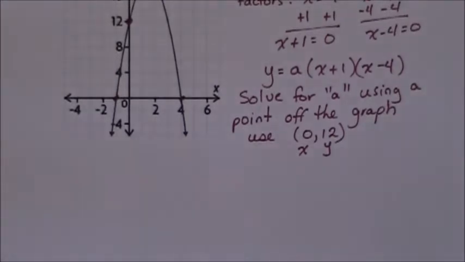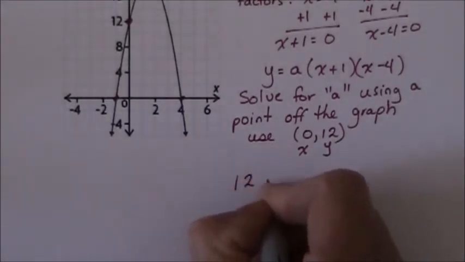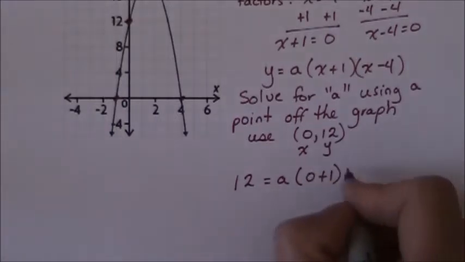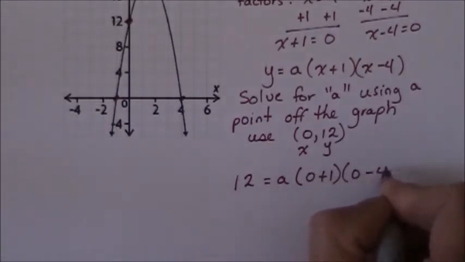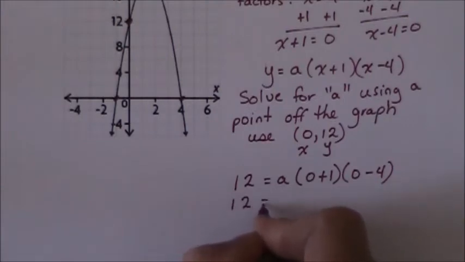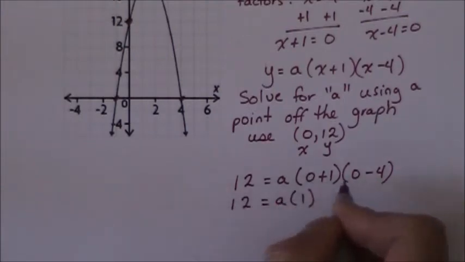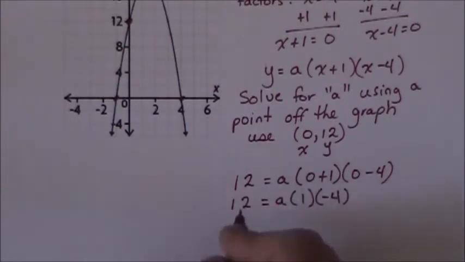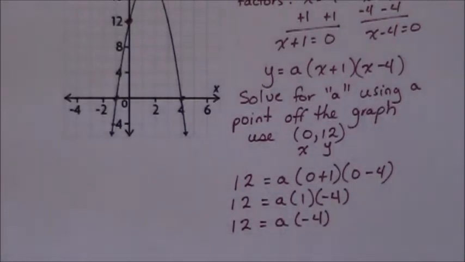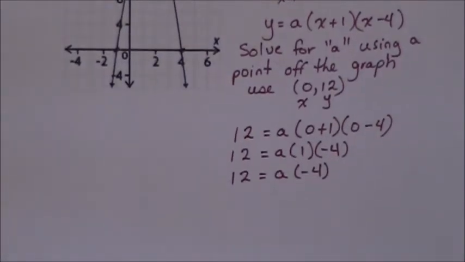So we get 12 equals a, bracket 0 plus 1, and then bracket 0 minus 4. So that's what we're looking at solving. When we go to do that, we have 12 is equal to a times 1 times -4. 1 times -4 is -4, but we don't want -4a, we want a.